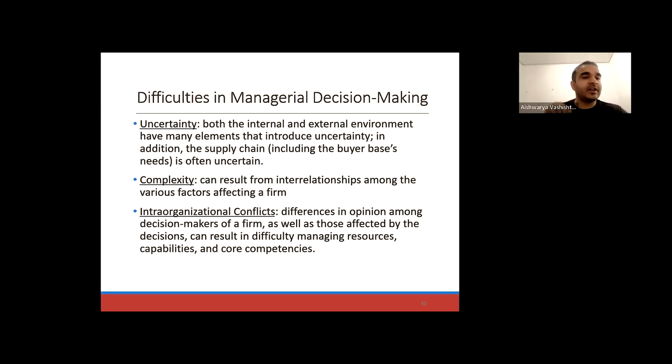So what we studied in the first chapter, that one of the four assumptions in the industrial organization model was that the decision makers, the managers, are always taking decisions that are beneficial for the firm, in the best interest of the firm. That was one of the four assumptions, right? But that assumption is not always true, because sometimes it would be better that your firm spends money on research, but you would want to acquire a firm.